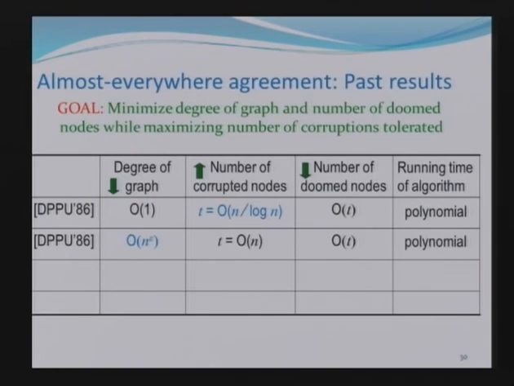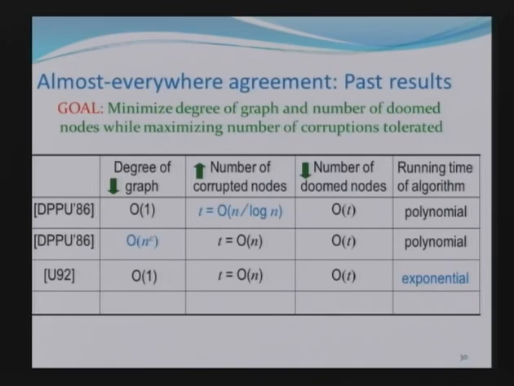So the degree is really, really high. But the number of corrupted nodes that they can tolerate is actually the best, so constant fraction. Then, in a very surprising result, Upfal, in a beautiful paper, showed that you can construct graphs of constant degree, and the number of corrupted nodes tolerated can be constant fraction as well, so it's sort of the best possible.